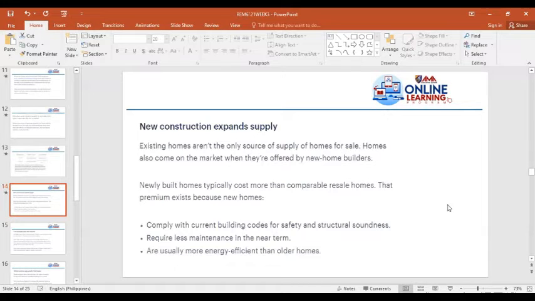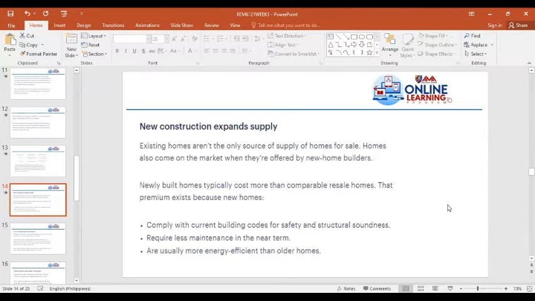Next, new construction expands supply. Existing homes are one source of supply of homes for sale. Homes also come on the market when they are offered by new home builders. Newly built homes typically cost more than a comparable resale home.